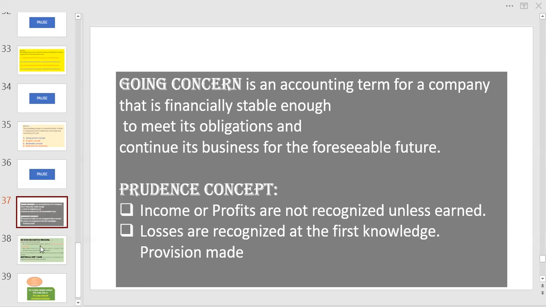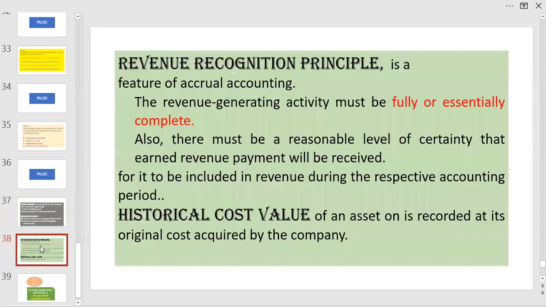If you see the other one, revenue recognition principle. Here again, if you want to recognize an income or a revenue, it has to be fully earned. Even if you know that the revenue is there, the possibility is there, unless it is earned, you can't take that into account.